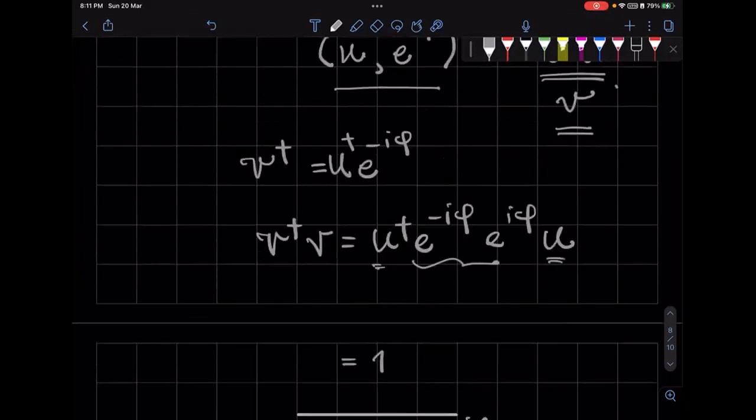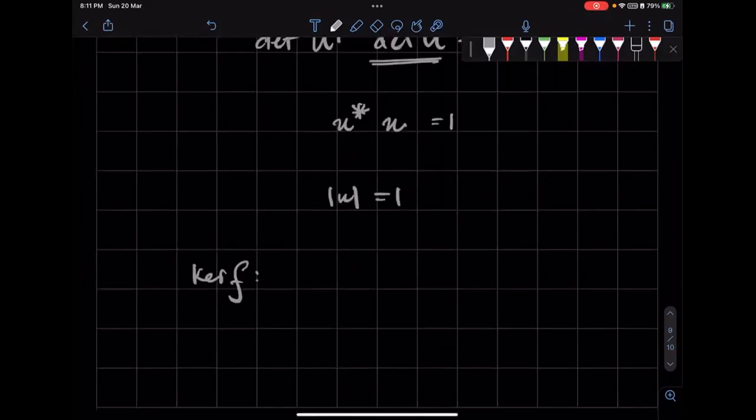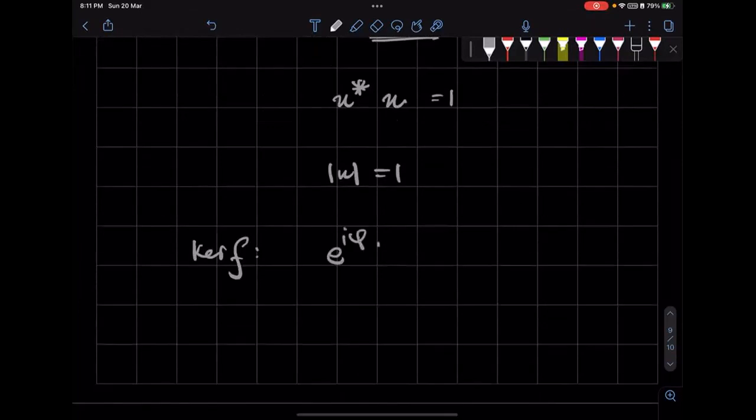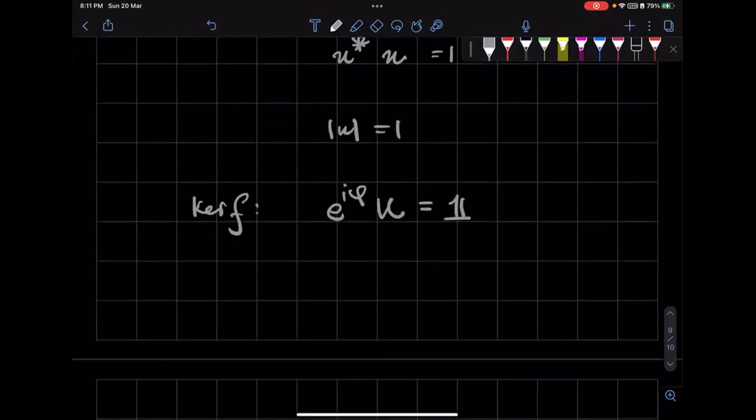Which means that e to the power i phi times U must be the identity. Now, if I take the determinant of this equation, what we find is that the determinant of U is the determinant of e to the power minus i phi.